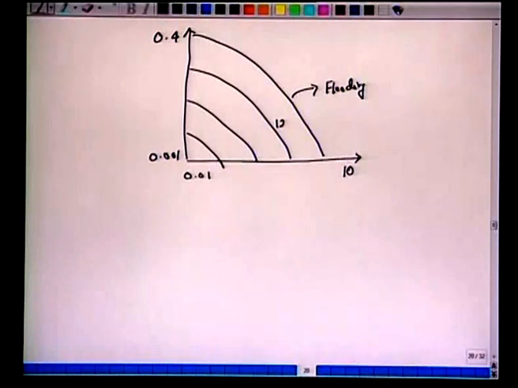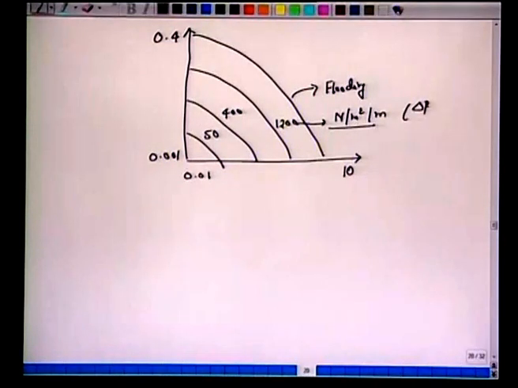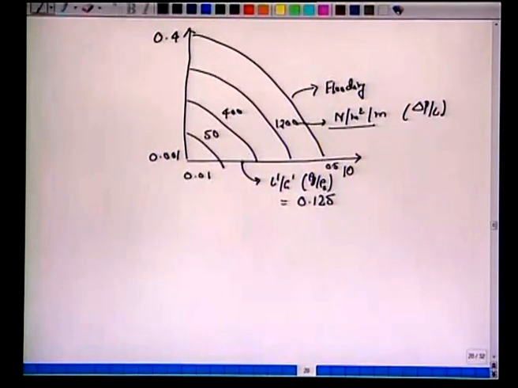So this is 1200, for example, 400, and all the units here are Newton per meter square per meter. So that's your delta P over L. So now we know this quantity, which was L prime over G prime, rho G over rho L to the power 0.5. This we calculated as 0.125. So we mark this point.